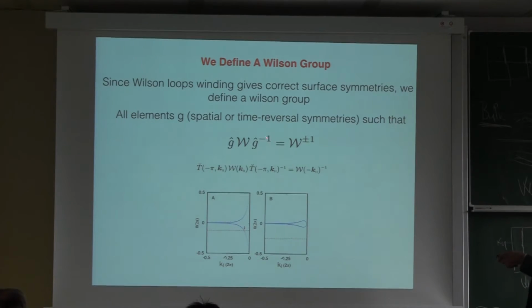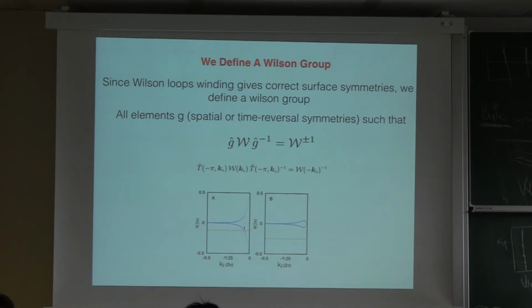But the moral of the story is that if I have a symmetry G on the Wilson loop, this symmetry G can leave my Wilson loop invariant or change it into minus itself. Okay? For example, the point is there's an action of the symmetry on the Wilson loop.